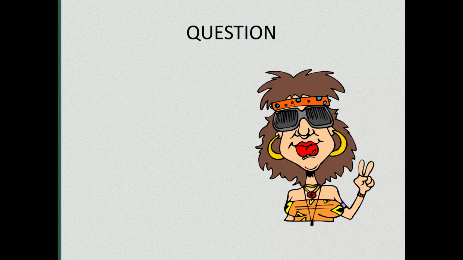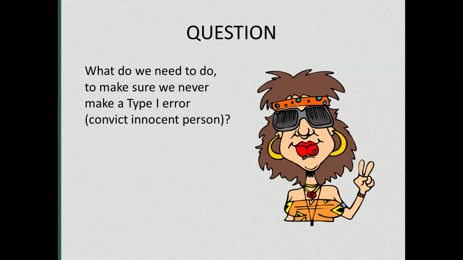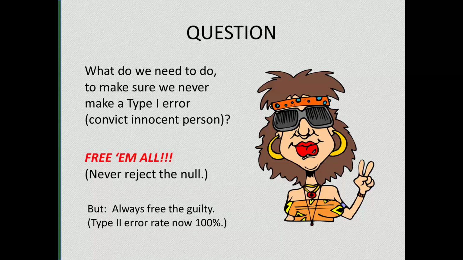Sniff. Sob. What do we need to do to make sure we never, ever, ever make a type 1 error and convict an innocent person? Why, let's just set them all free.